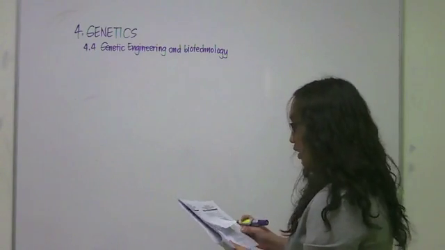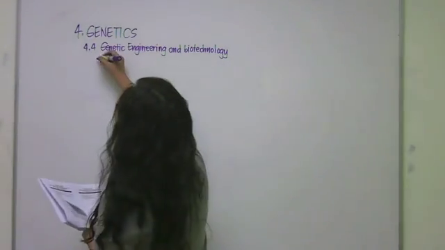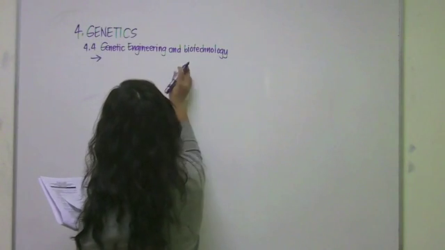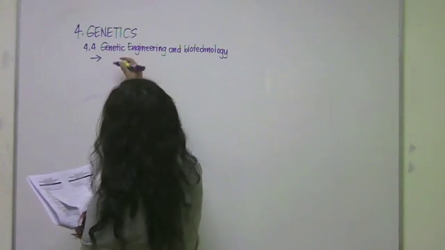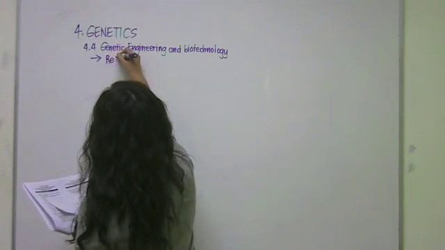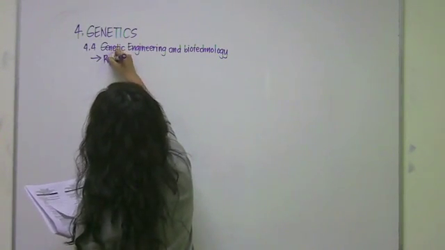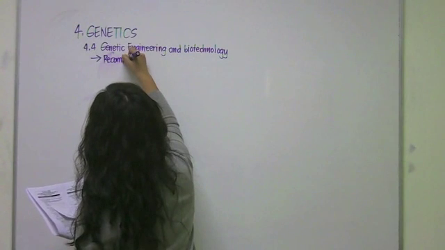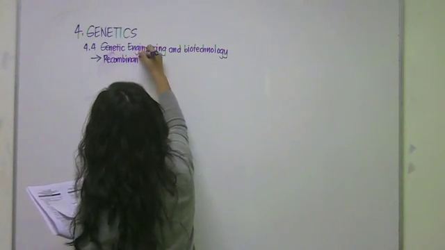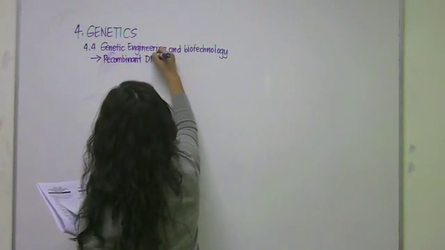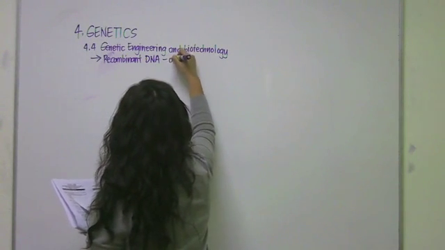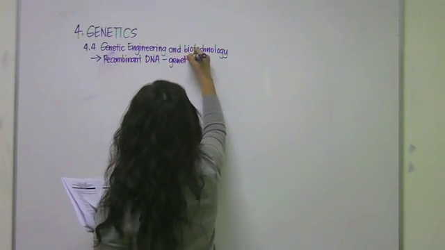Okay, so in the case of genetic engineering, we are able to discuss recombinant DNA. Recombinant DNA is a type of DNA that has been genetically altered already.